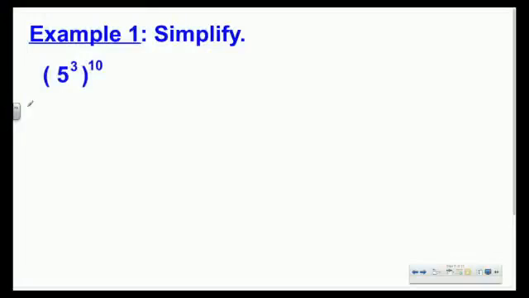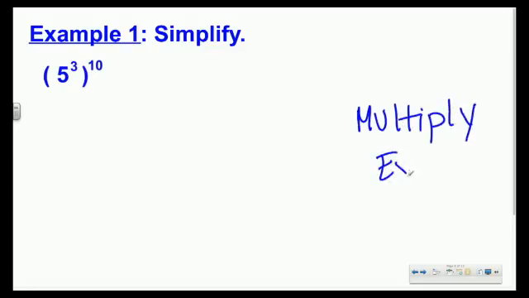Okay? Let's try a couple. This time we're just going to use the rule. We're not going to expand it all out. We're going to use that rule of raising a power to another power. Okay? So for this one, I see I've got 5 cubed raised to the 10th power. So all I need to do here is just multiply my exponents. Just multiply the exponents. That is the shortcut here.